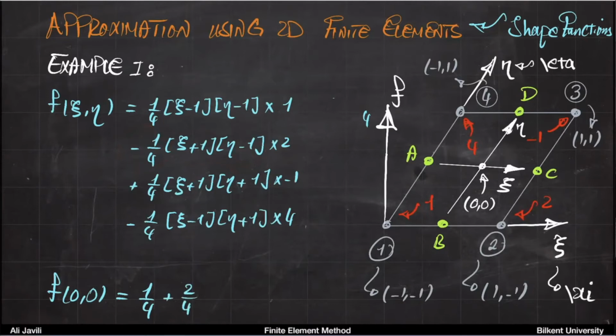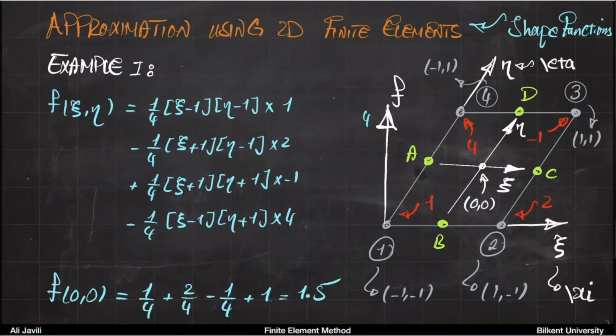Then from the third one, you get minus 1 over 4. And from the last one, you get a minus 1 here, a 1 here, 1 over 4 times 4, that's a 1. So if you look at this, this gives you 1.5.